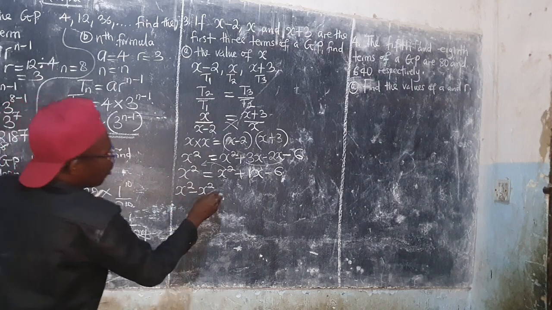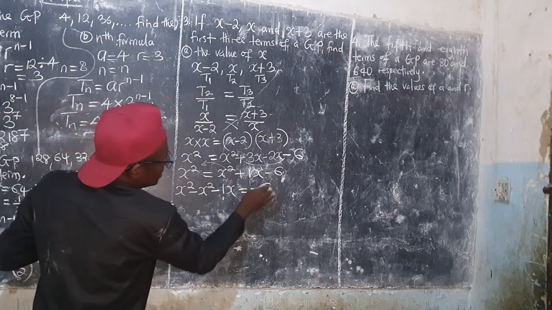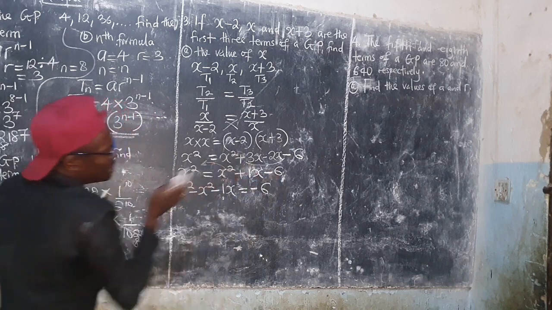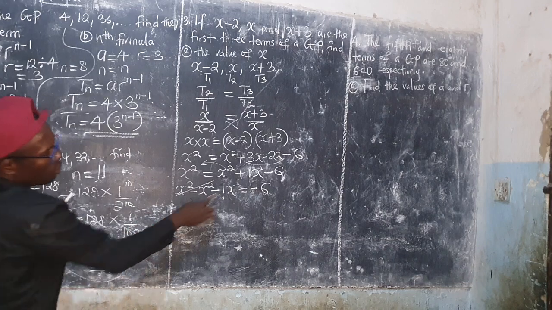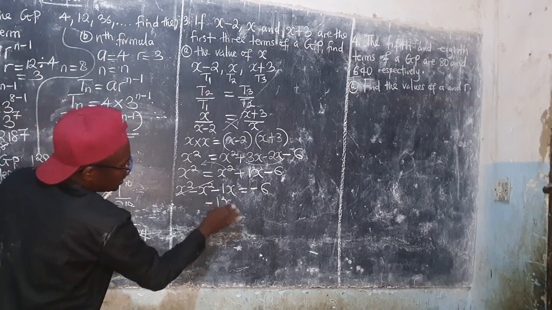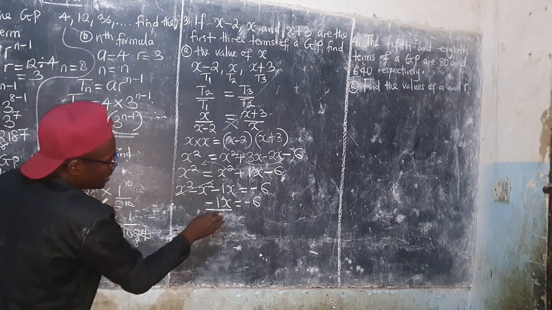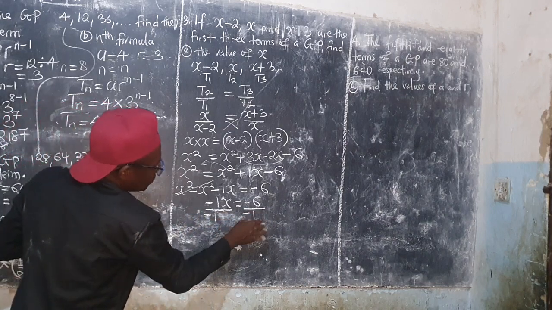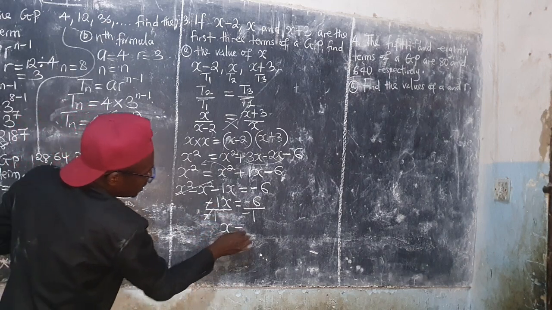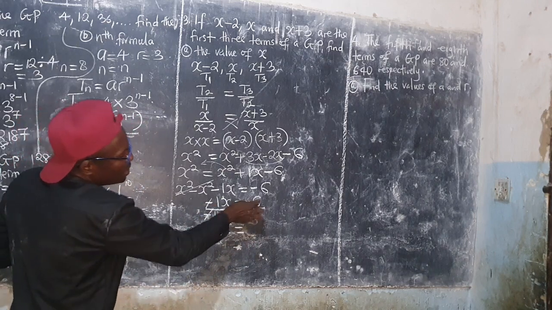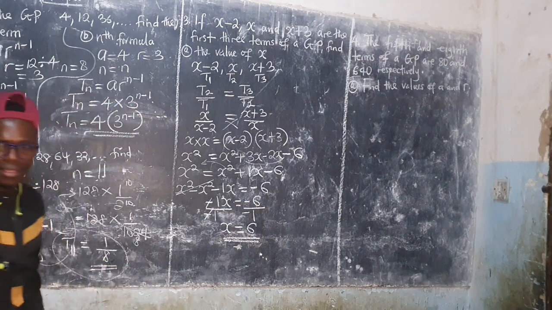Again minus 1x is equal to negative 6. Then x squared minus x squared is 0. We remain with negative 1x equal to negative 6. Then you divide both sides by negative 1. So negative becomes positive, and we remain with x equal to negative 6 over negative 1, which is positive 6. That is this one, 3 marks. It comes from an exam.